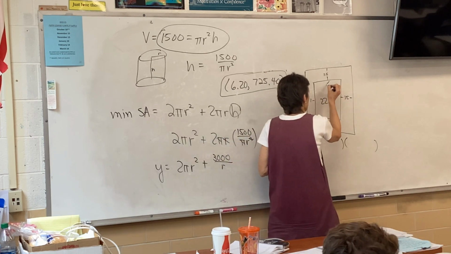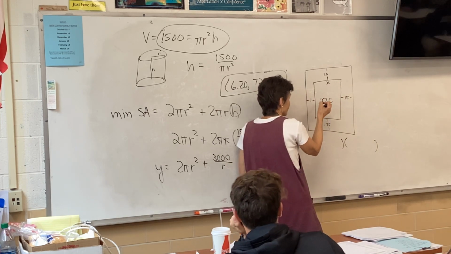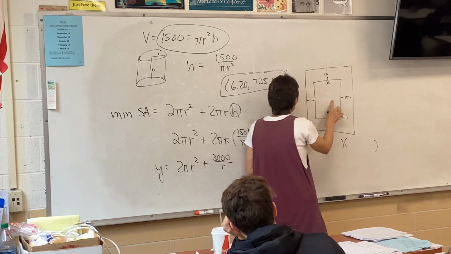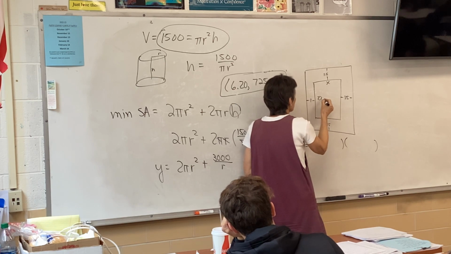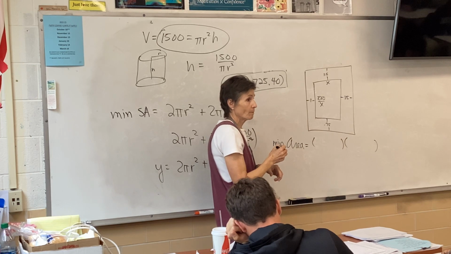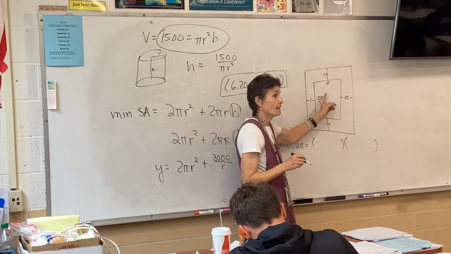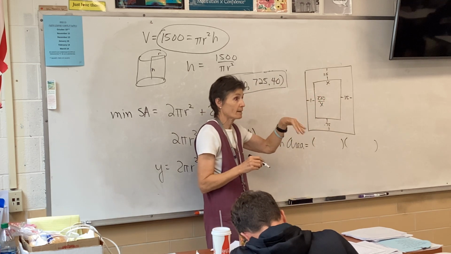I can call this x, and what would this be then? Not x over 220, 220 over x, right? Remember, they have to multiply together to give me 220, right? So 220 over x and x.